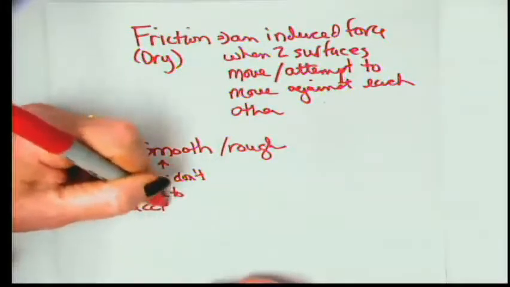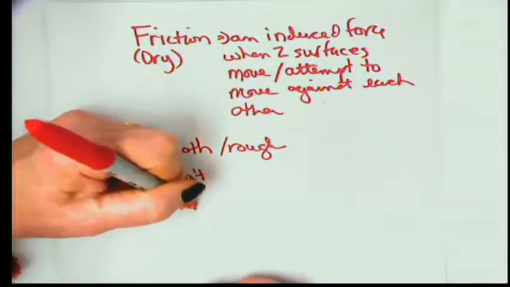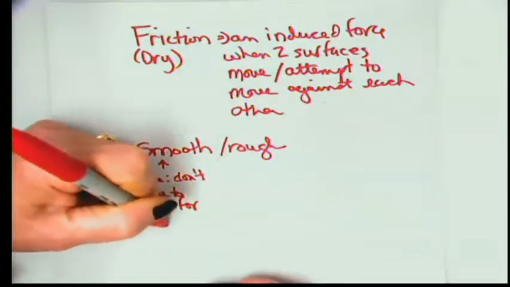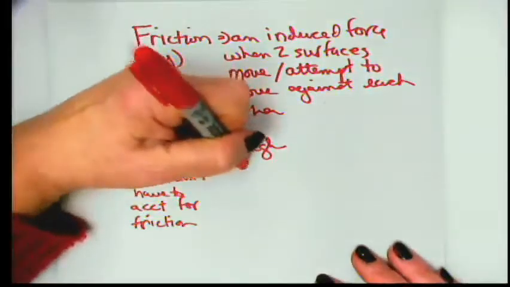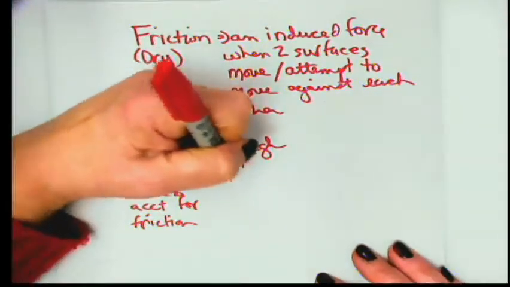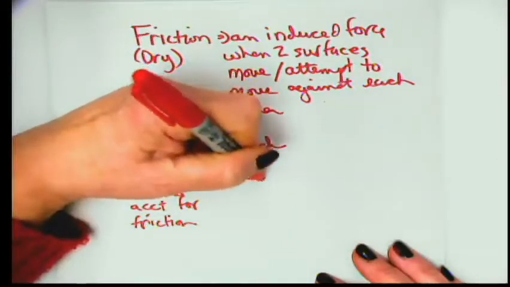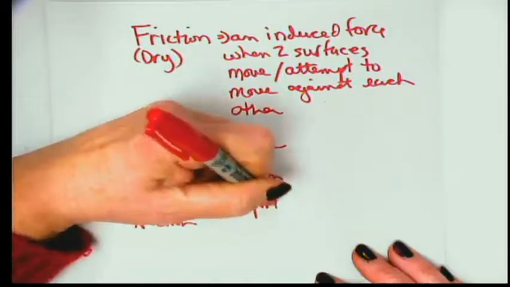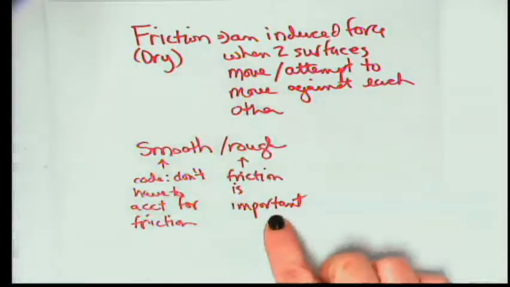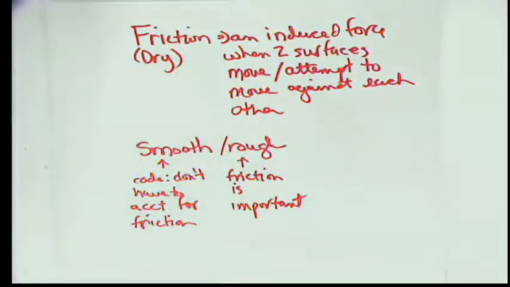In other words, you're saying that the surfaces in contact are slippery enough that this is not a consideration. Rough, on the other hand, means friction is important. Now, in real life, friction is always important, but you can see that sometimes it's more important than others.